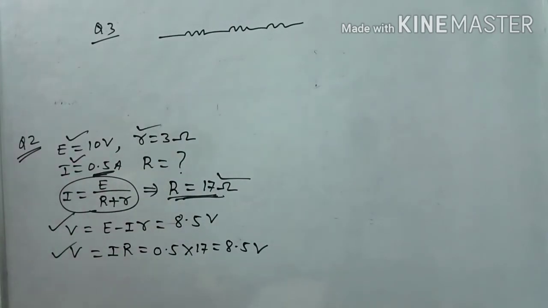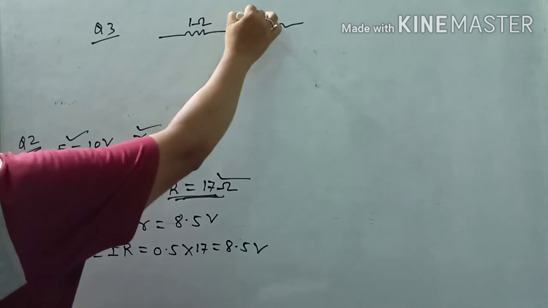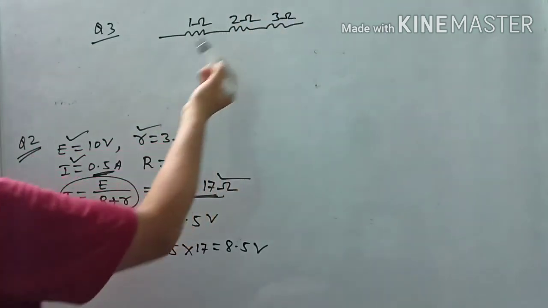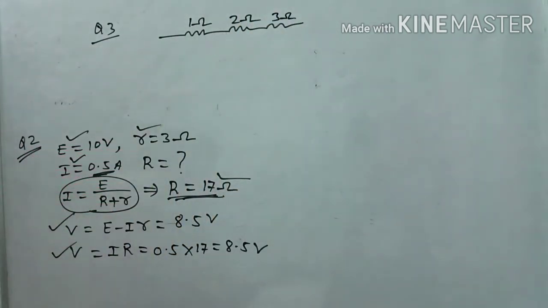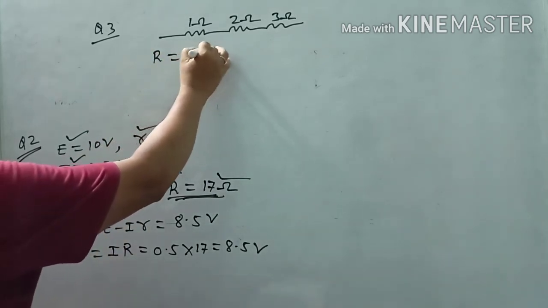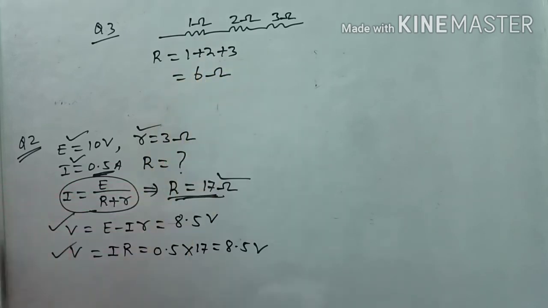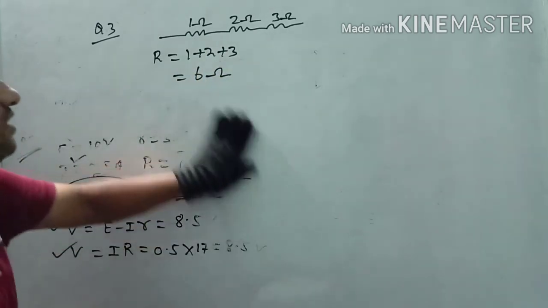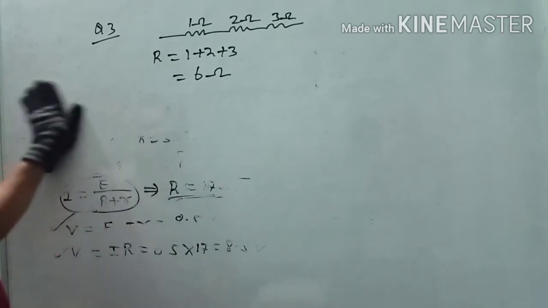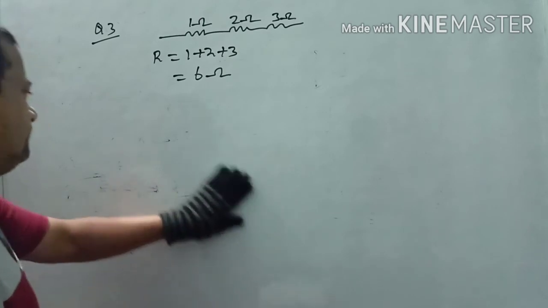Here it is 1, 2, 3. 1 ohm, 2 ohm, 3 ohm are connected in series. What is the total resistance? You are told to find out equivalent resistance, and simply you have to add. That is 1 plus 2 plus 3, that gives you 6 ohm. So in the first bit of question number 3, you get answer 6 ohm.